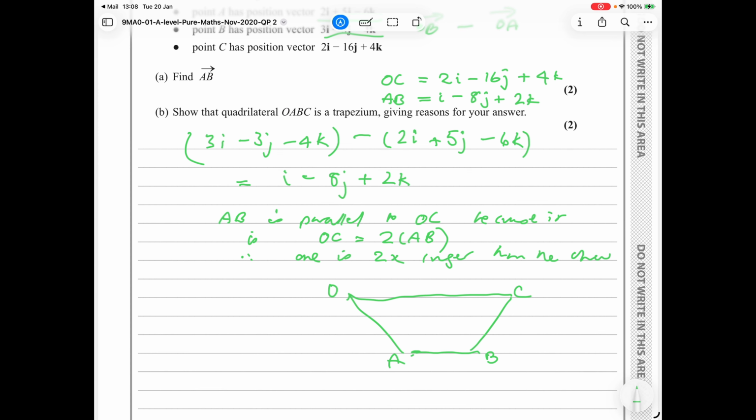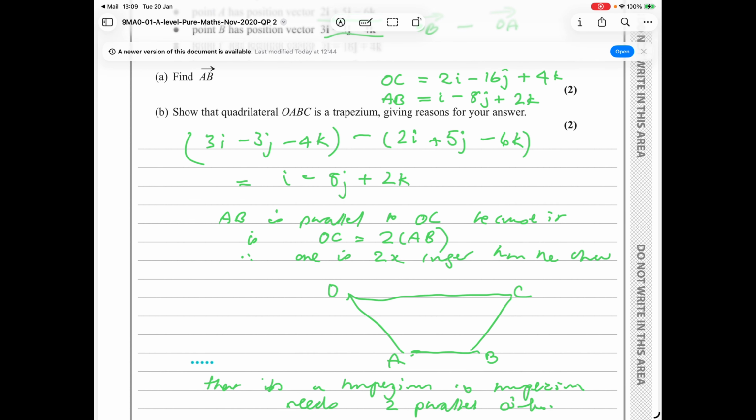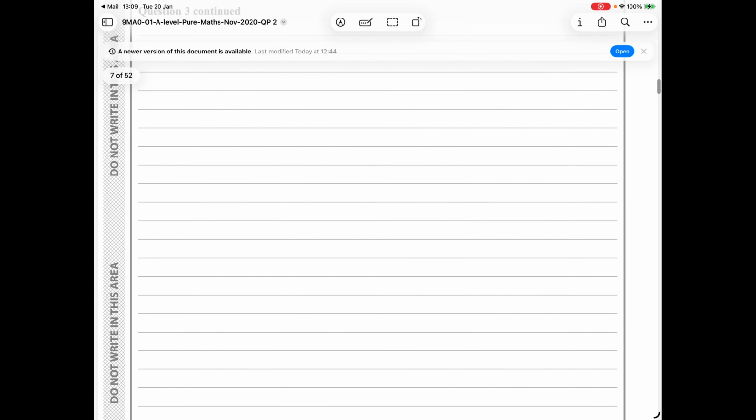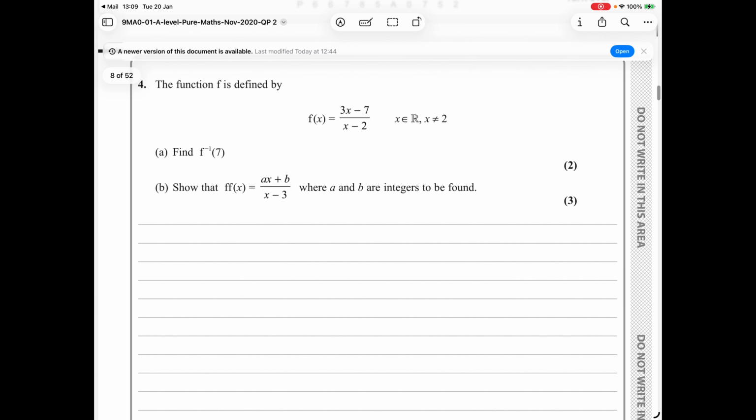And that means that it's a trapezium, as a trapezium needs 2 parallel sides. There you go. Not sure that's that clear, but that's essentially how you do that bit.